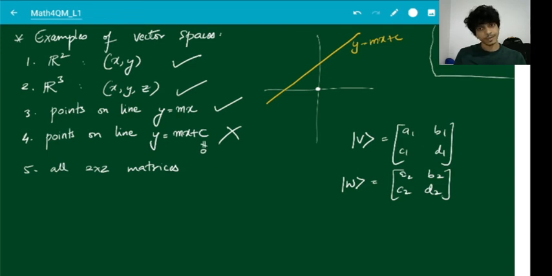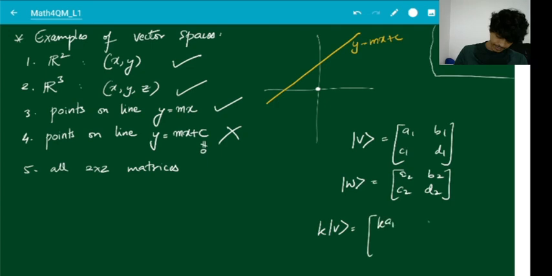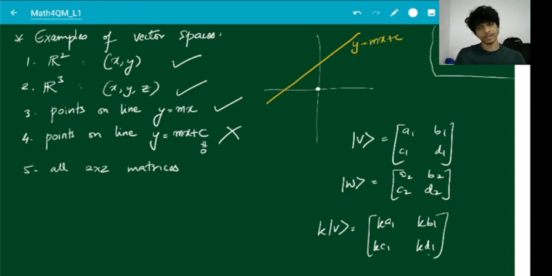Yes, you do. If you multiply one of them with a scalar quantity, so if I do k times V, I'll get k times A1, k times B1, k times C1, k times D1. This is still a 2 cross 2 matrix. So yes, scalar multiplication also works. Is there a zero element, a null vector? Yes.